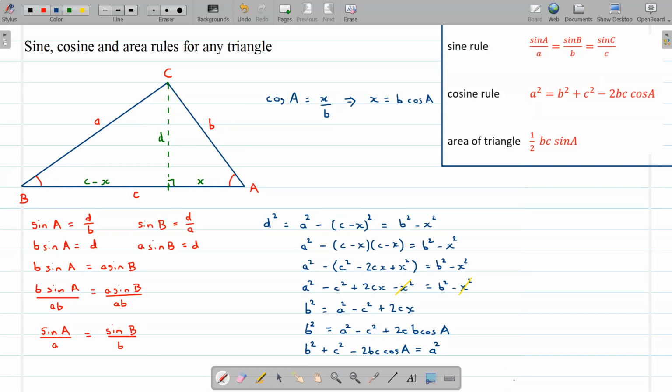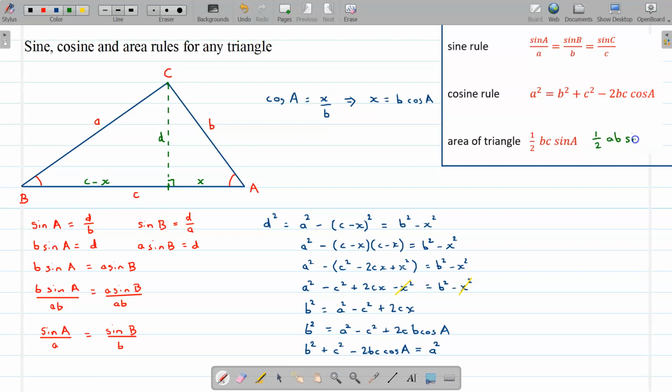And now we've got the area of a triangle to prove. There's the formula. It's a half bc sine A. Okay, but it can also be written as, I'll just do this in green now, I'll just put the other versions here. You could write it as a half ab sine C. Okay, it's the same idea.